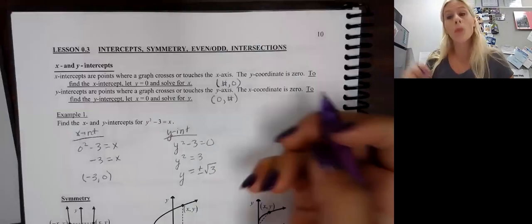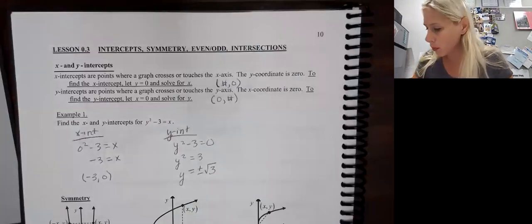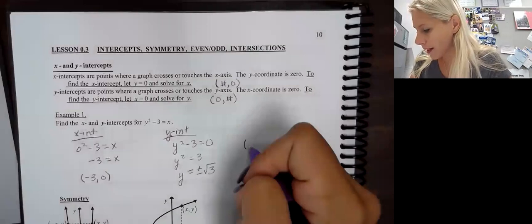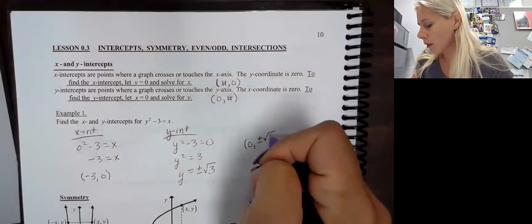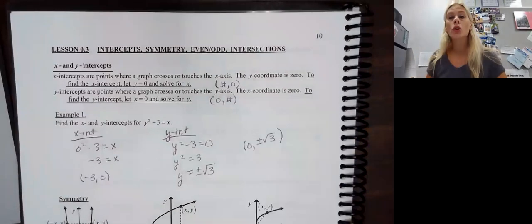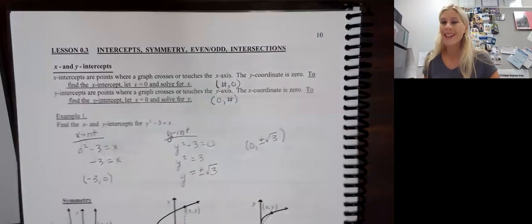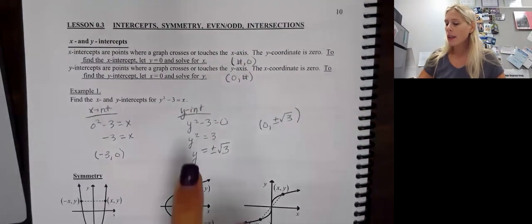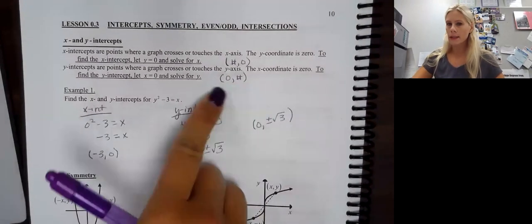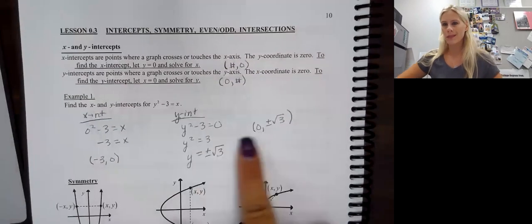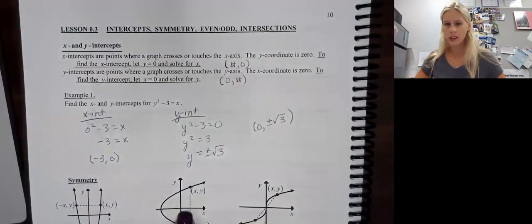We need to write this as a coordinate pair, but we can write it all in one as 0, comma, plus or minus square root of 3. Now, because there's two y-intercepts, we also know that is not a function. And if you remember the other day, we see that y squared is a parabola that's on the side. Okay, just like down here.